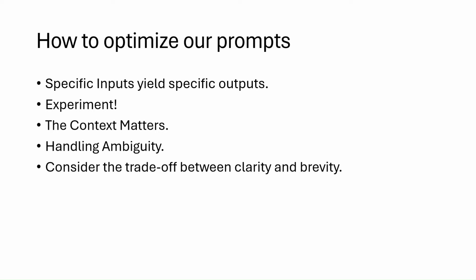So providing context and structure to avoid vague or unexpected results is an important thing to keep in mind. Also, and finally, the length of prompts. While large language models can process both short and long prompts, you need to consider the trade-off between clarity and brevity. Experimenting with the prompt length can help you find the right balance.